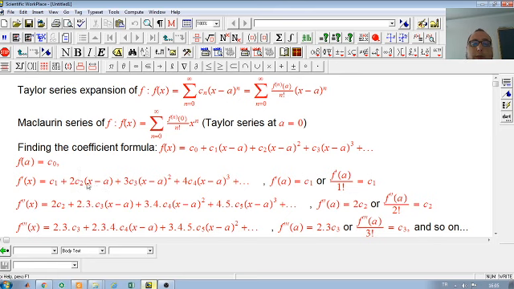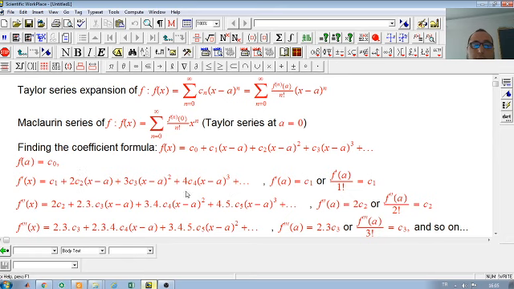Also we have the derivative of the inner function, namely x minus a. Its derivative is 1, therefore we don't need to write 1 here. And similarly, you can take the derivative of the next term, which is 3 times c3 times x minus a squared, and so on.